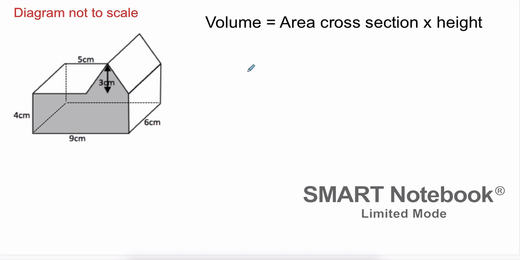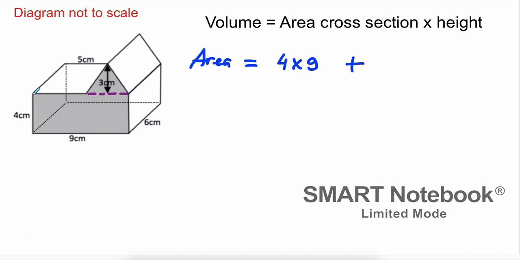Right, the second example. We see here that the shaded face is the cross-section of this prism, so we just need to find its area. We can split this composite shape into two parts, a rectangle and a triangle.